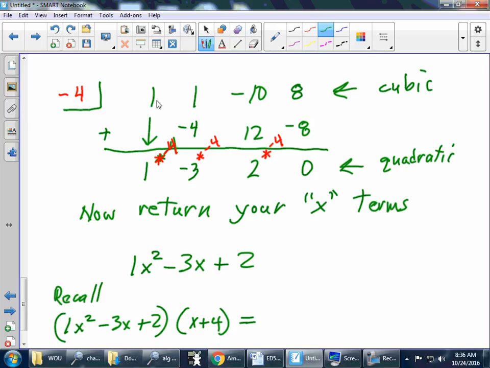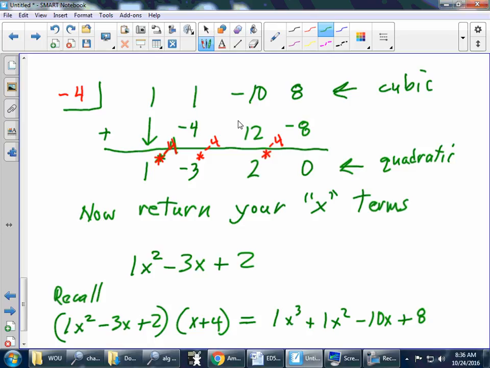This is a cubic. What's it got to be? 1x cubed plus 1x squared minus 10x plus 8. Boom. Does that check what we did before? Yeah.